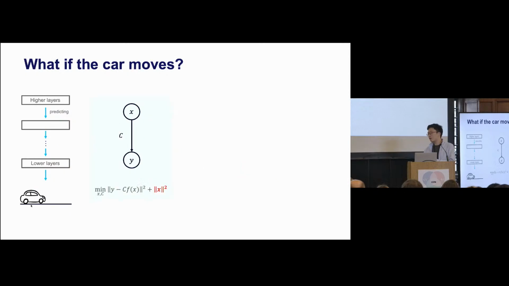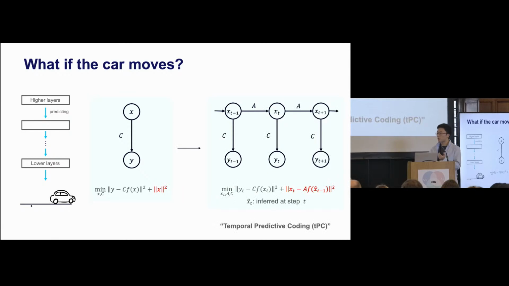So the question now is, what if the car that we observe moves? Of course, the original Rao and Ballard static predictive coding model did not take into account the temporal dimension. So in this work, we propose a temporal extension of the original predictive coding network.